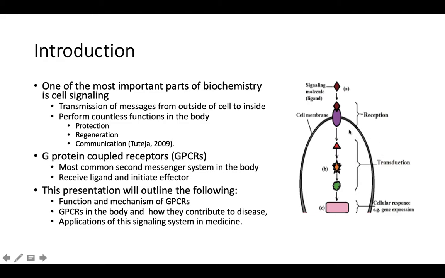That's what we call a second messenger. At the most basic level, the G protein coupled receptors will receive the ligand and initiate the effector, and that effector is what's going to kick off the second messenger system.